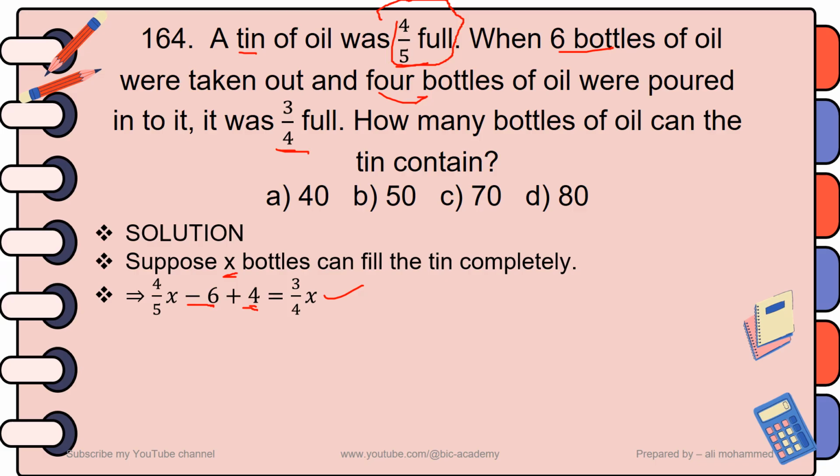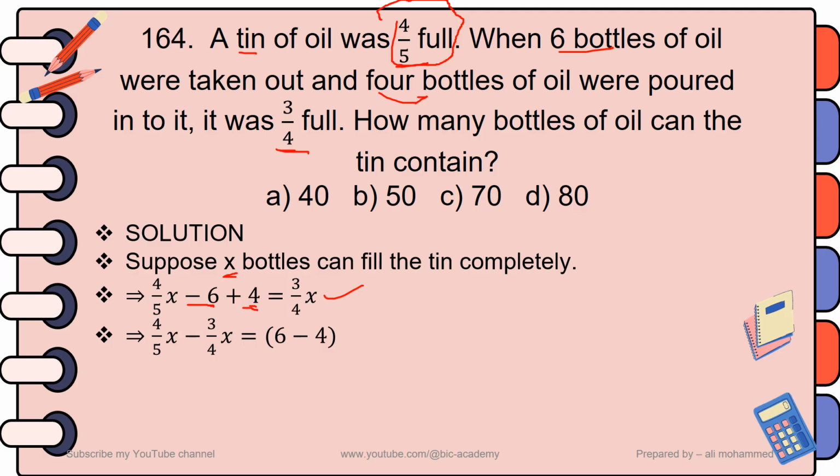Then again here collect like terms. That means collect the variables together, and the numbers together to the right side. Then you get 4/5X minus 3/4X, which is equal to 6 minus 4. The left side, 4 over 5x minus 3 over 4x, you can have 20 as a common denominator.